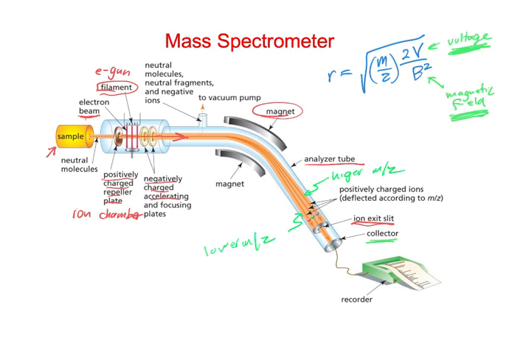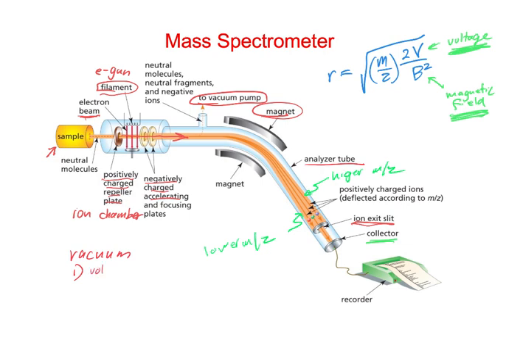All right, so a couple of other things is that this ion chamber is under high vacuum, and the vacuum is for a couple of different reasons. One is that it helps volatilize the sample.